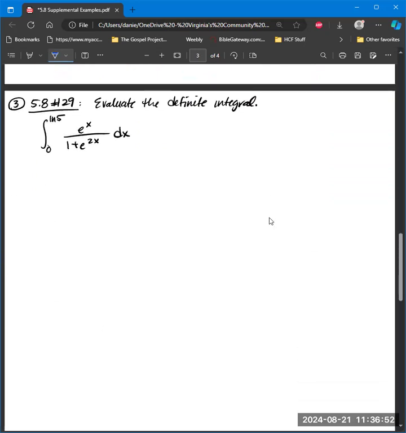Now let's evaluate the definite integral here. u is equal to 1 plus e to the 2x. du is going to be 2e to the 2x dx. So we need 2 and 1/2. This is 1/2 ln of 1 plus e to the 2x, since this is du over u. And this gets evaluated from 0 to, I think that's 10.5.